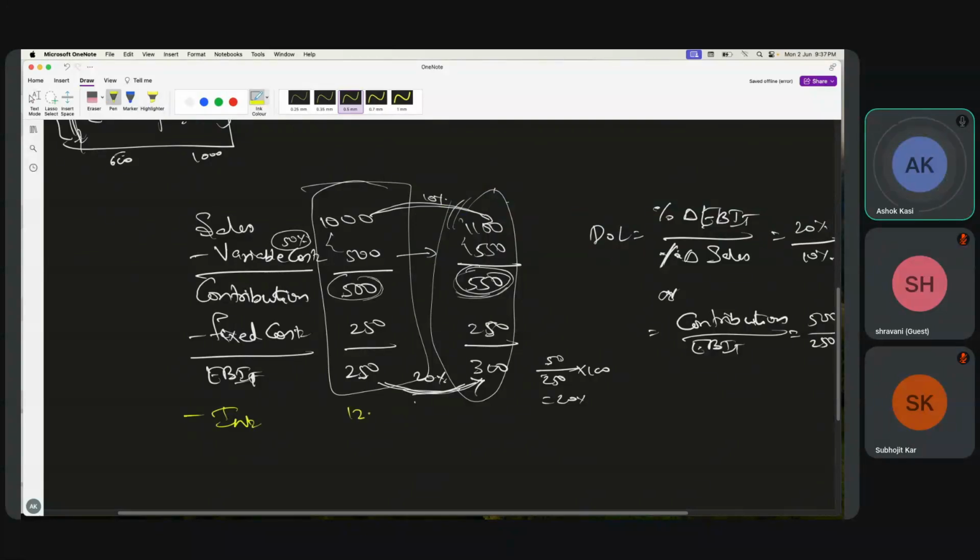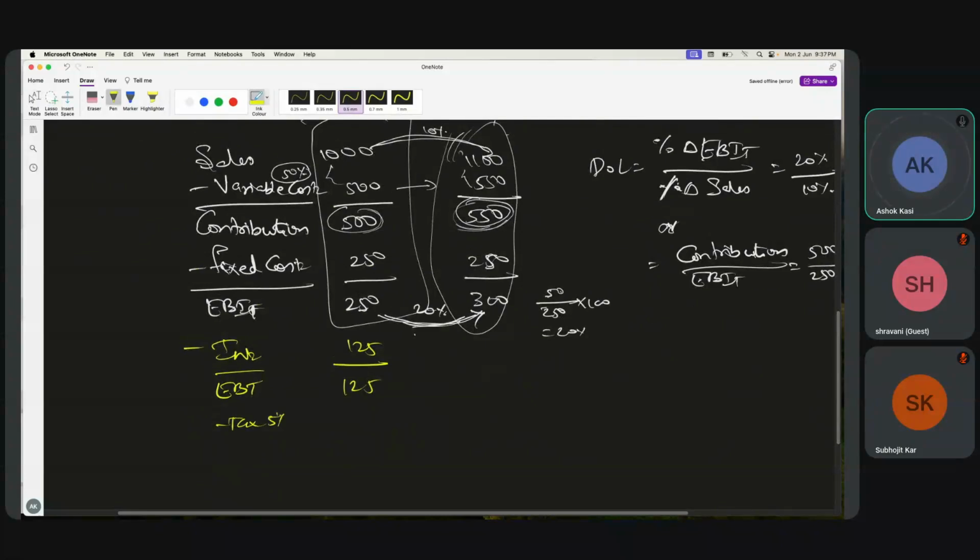Imagine this interest is 125 rupees, so earning before tax will again be 125 rupees. Now imagine tax is 50 percentage. So what is 50 percentage of 125? 62.5, correct? So 62.5 is the net income.